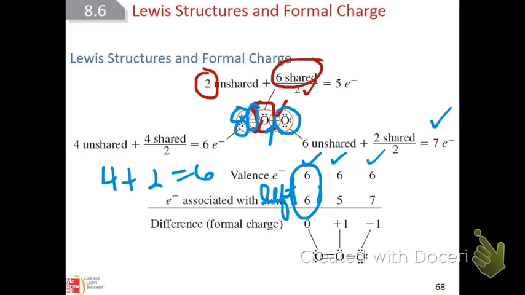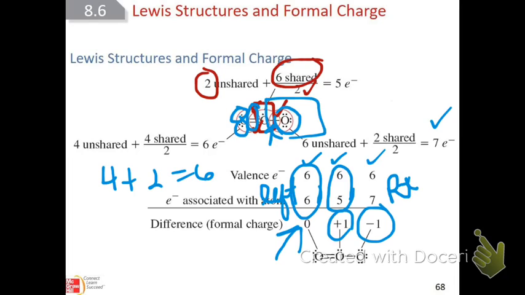So the formal charge on this left oxygen is 0. Our central atom, 6 minus 5, is 1. So this formal charge is 1. And then 6 minus 7 is negative 1. So the charge on the right-hand oxygen is negative 1.